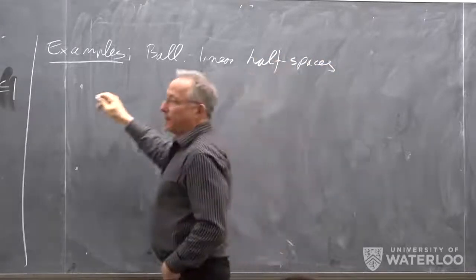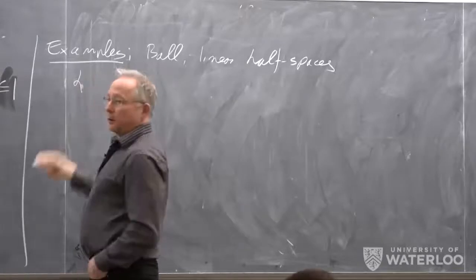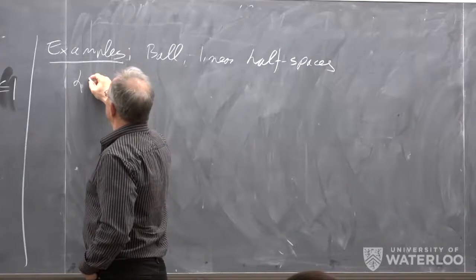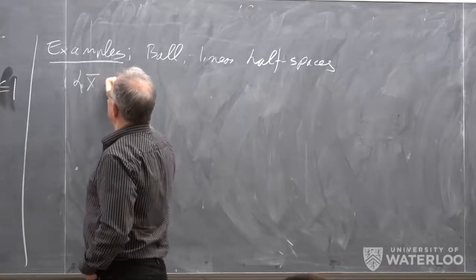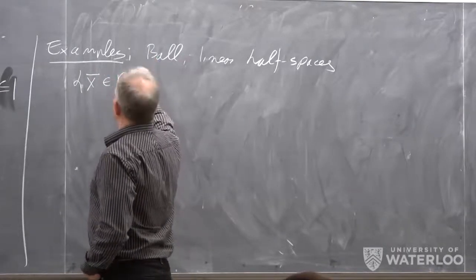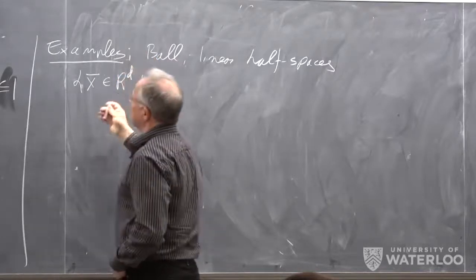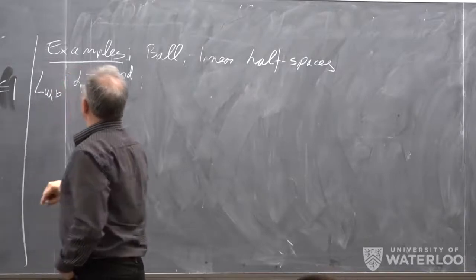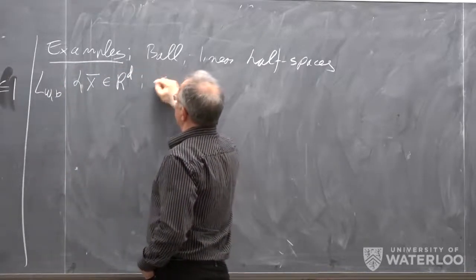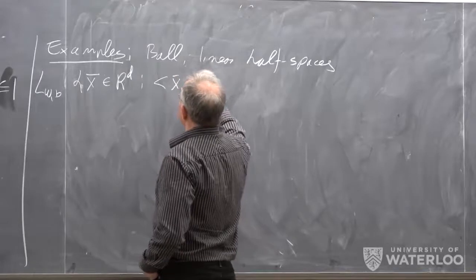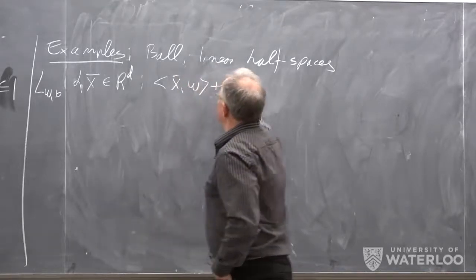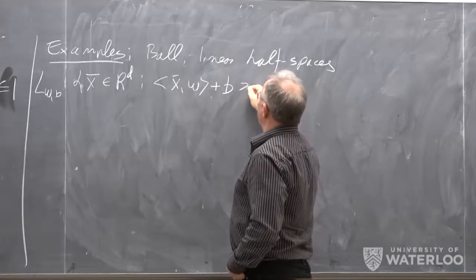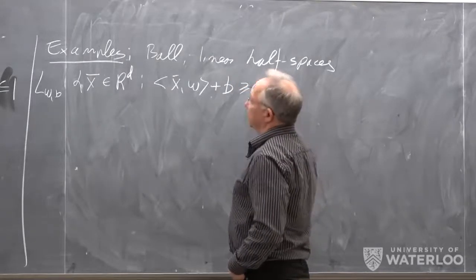A linear half space is the set of all points x in R^d such that the dot product <x, w> plus b is greater or equal than 0, or less or equal than 0.